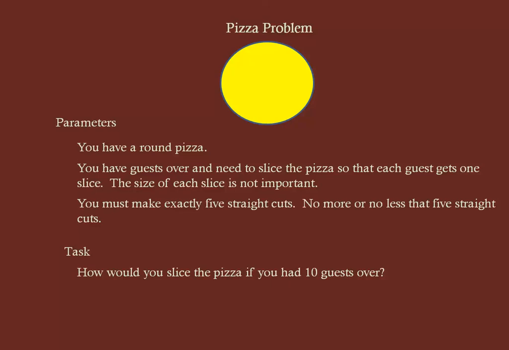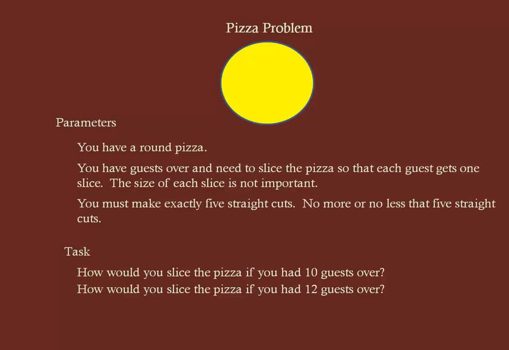The next three do. So the next one is, imagine 12 guests show up at your party. Making 5 cuts on a different pizza, pretend that 12 guests show up. So how are you going to use your 5 cuts in order to make exactly 12 slices of pizza?